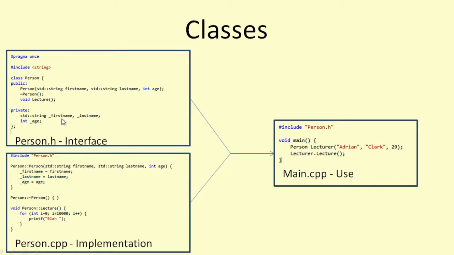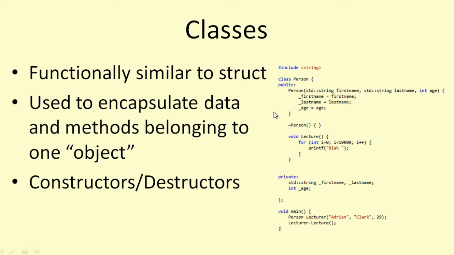If you look at the .h file, you can get a rough idea of a black box of what it's going to do. So you have a person, it takes first name, last name, and age. You have a destructor there. You have some method called lecture. You have a first name, last name, and an age. But we don't actually specify how any of these functions work in the .h file, instead of it all being quite complicated and maybe exposing how these functions work.